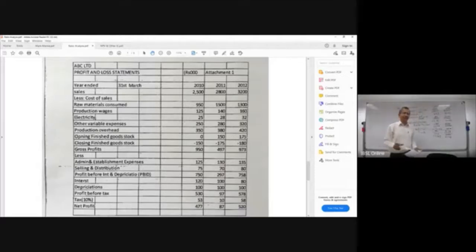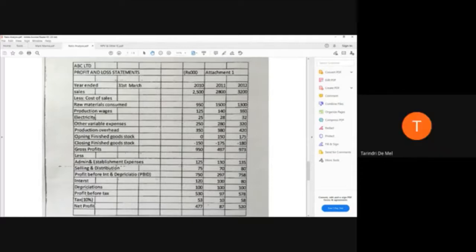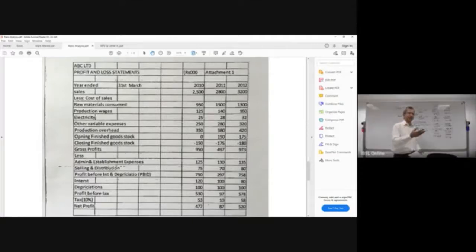Normally it is bad, but some companies do with very low margin but very high turnover. When you have very high turnover, even though you have low margins, you get more profit, because the ratio gives only percentage. If you have a low turnover, then a low margin is not good. But if you have very high turnover, then it is okay to have a low margin.